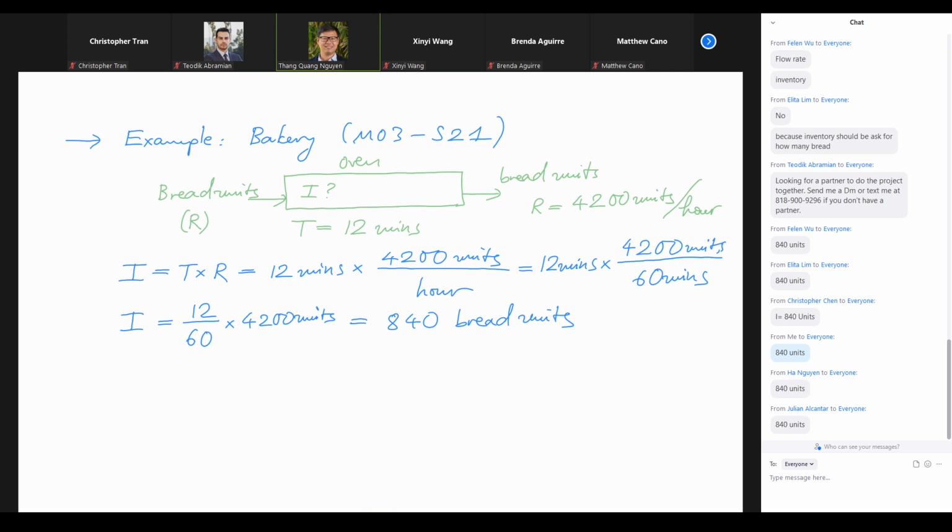So that's my question. Should we buy a very large oven so that we can house 840 units simultaneously? Please feel free to share in the chat window. So should we buy a very large oven to do the task?